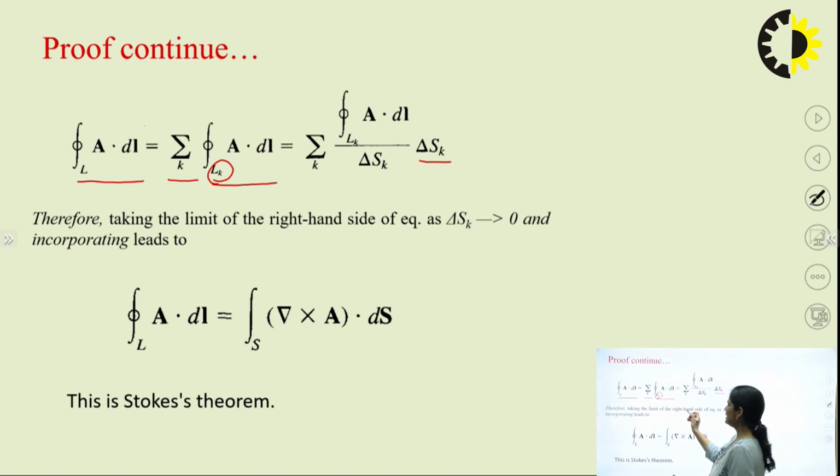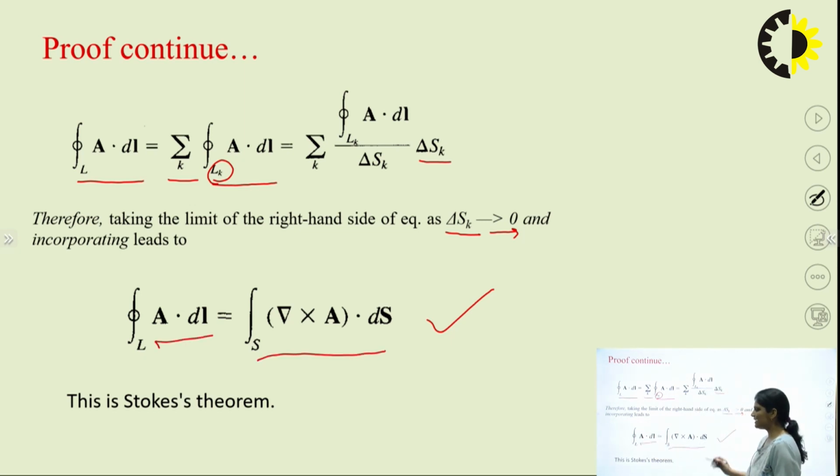Now take the limit on the right hand side of the equation, delta Sk tends to 0, and incorporating this leads to the final equation, and this is Stokes theorem. The left hand side is the closed line integral of A dot dl, and on the right hand side the curl of A dot ds, and here you have to take the integral with respect to surface. So this is Stokes theorem.